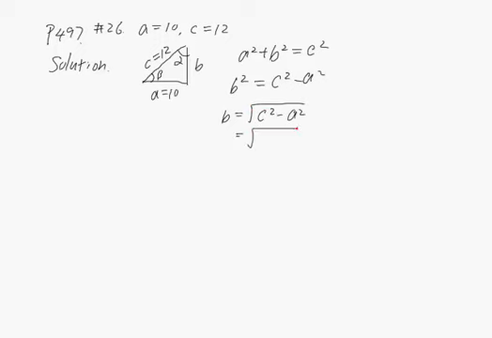This is equal to the square root of 12 squared minus 10 squared, and then this is equal to the square root of 4 times 11, which is 2 times the root of 11.